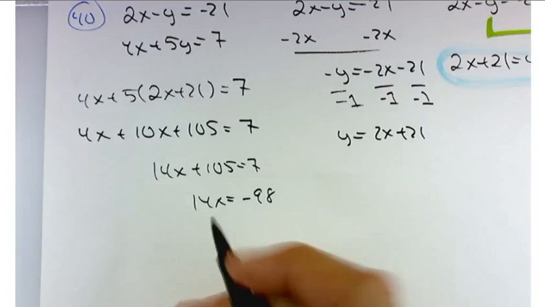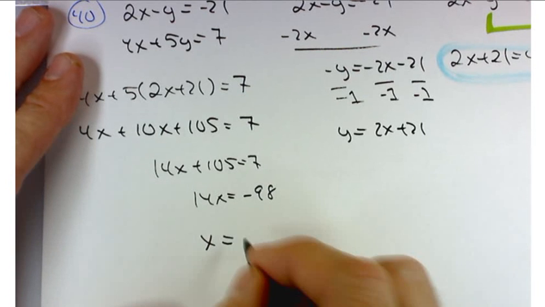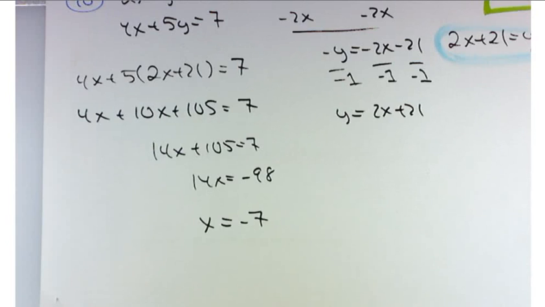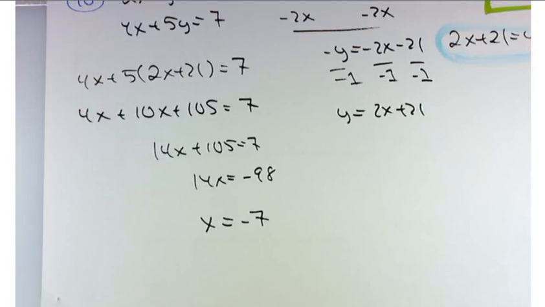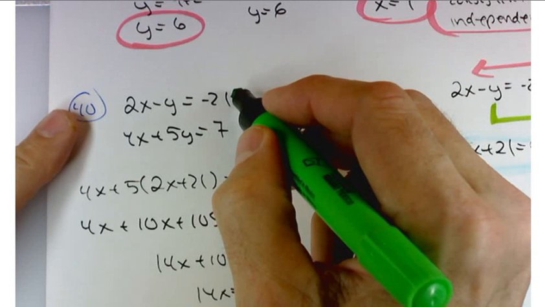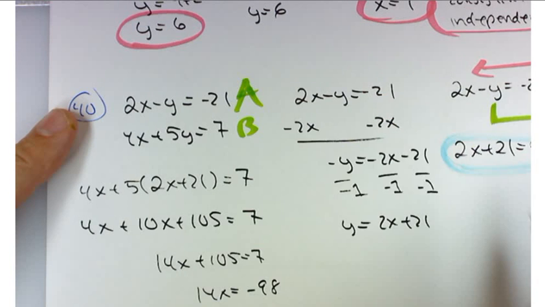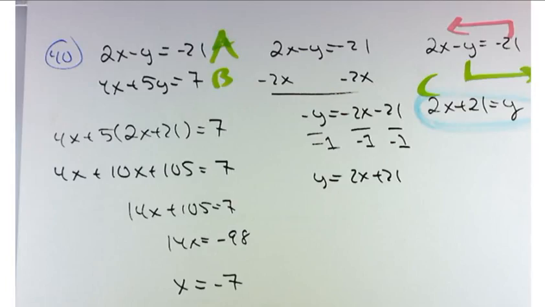What's our last step here? Divide both sides by 14, so x equals negative 7. Nice. If x equals negative 7, you've got 3 choices as to where you want to plug back in and find y. So let me call them A, B, and C. That was actually the purpose of that question.